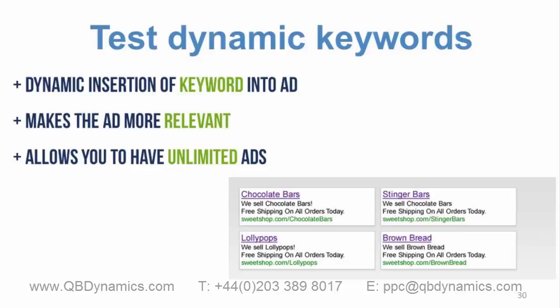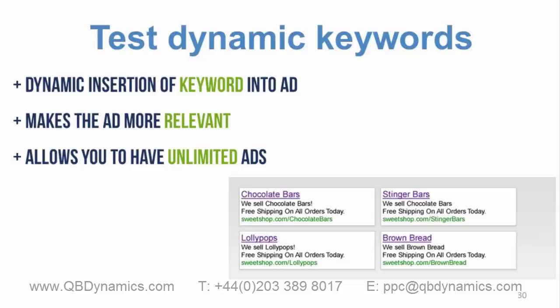In this case, somebody's typed in chocolate bars, and they automatically title their ad chocolate bars, the headline. When the very same search was for stinger bars, then stinger bars was incorporated. For lollipops, lollipops was incorporated.